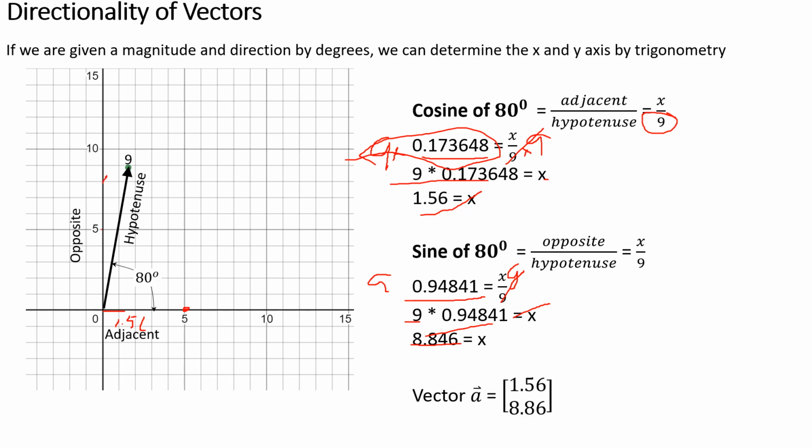It's almost 9, 8.846, not quite. So when I have a trigonometric function with a hypotenuse of 9, we'll call it vector A, in columnar format it is 1.56, 8.86. This is the x-axis, and this is the y-axis.